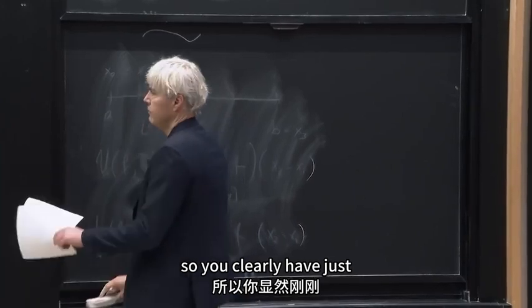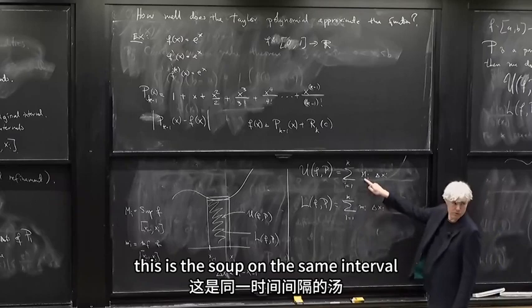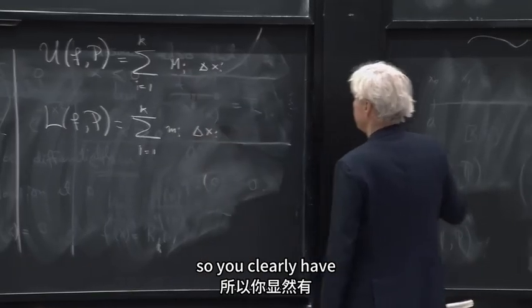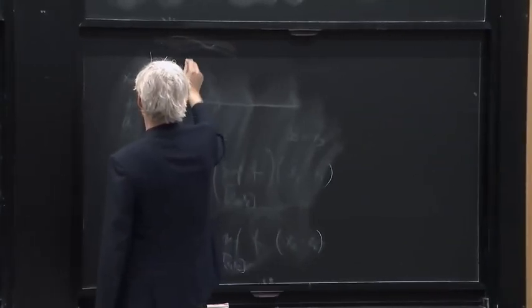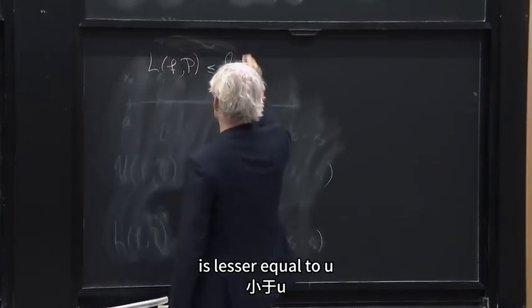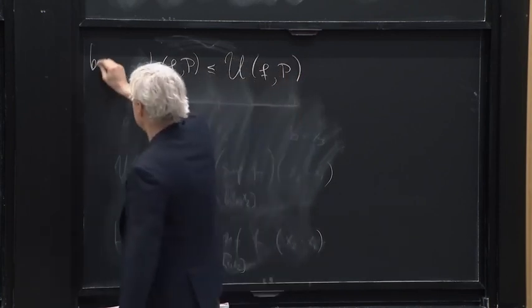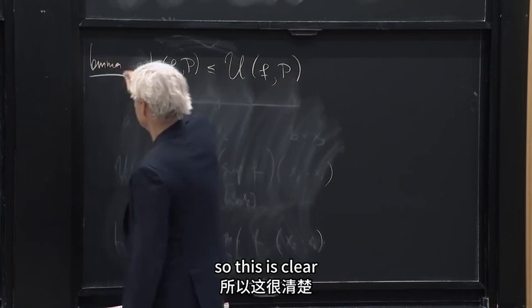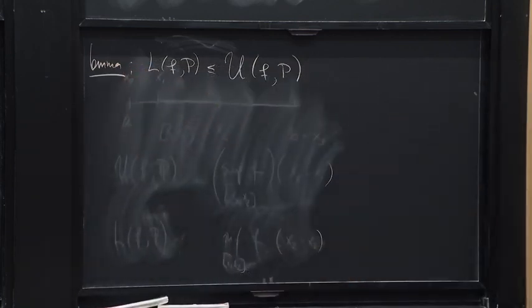So you clearly have, and this is just because this number is the inf and this is the sup on the same interval, that L(f,P) is less than or equal to U(f,P). So this is clear, right? Okay.